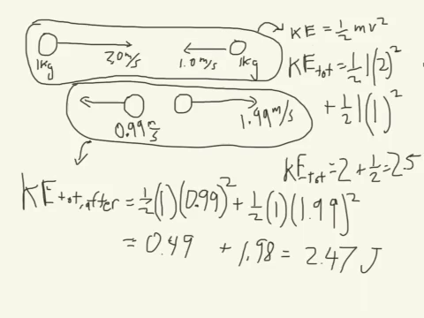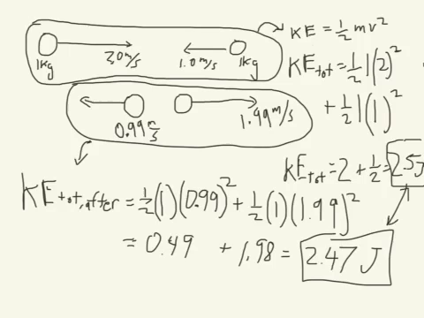And when you plug that into a calculator, this is what I got. Came up with 2.47 joules. Compare that to the 2.5 that we started with, and I think that's a reasonable situation where we maintained most of the kinetic energy. We lost, what, 0.03 joules during this collision. So this is an almost entirely elastic collision.